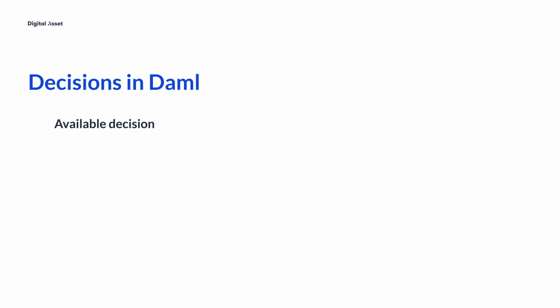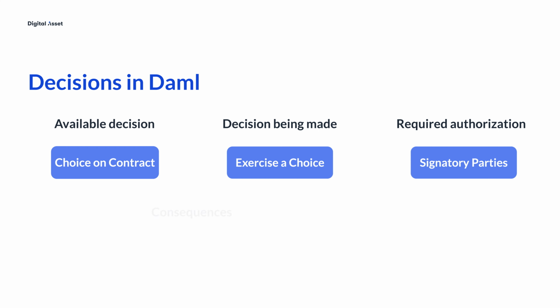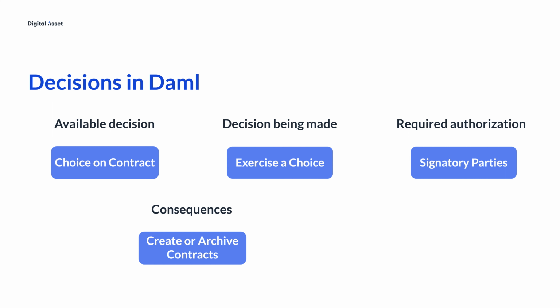An available decision, through a choice on an active contract, a decision being made by an exercise on an active contract, the authorization required to make a decision, which are the signatories on a contract, the consequences of the decision, represented by the creation and archival of contracts, where contracts are created that authorize new choices by new controllers or assert an authorized consensus on the state of the business, and contracts are archived that revoke authorization for choices by their controllers or reflect a change in that consensus.